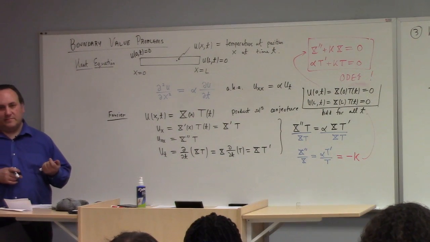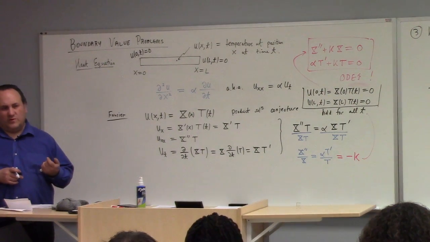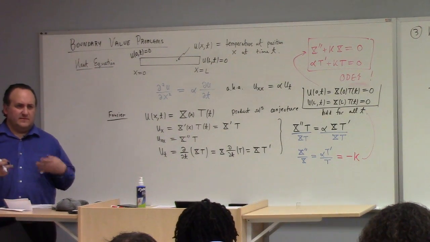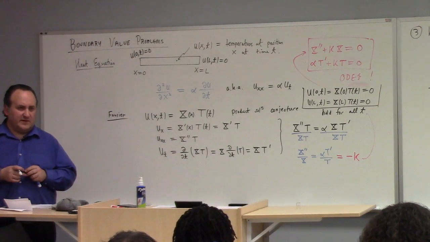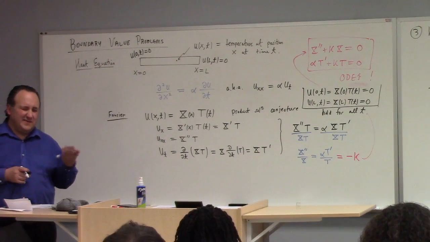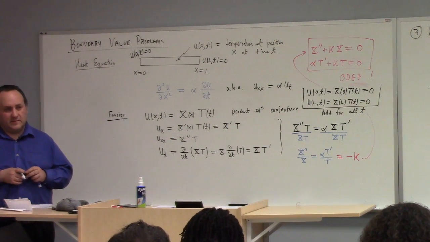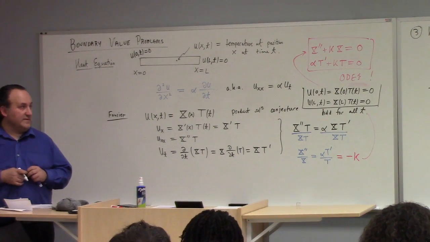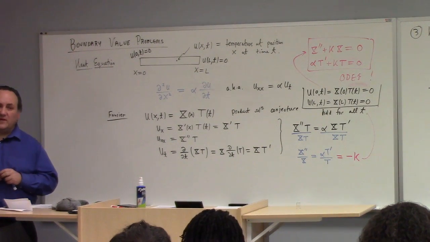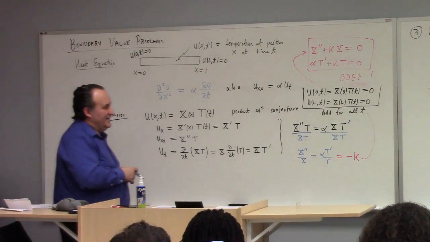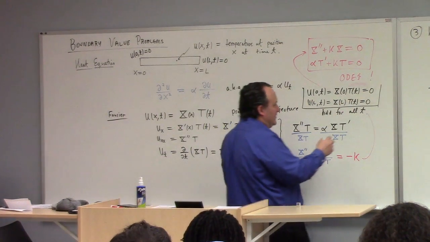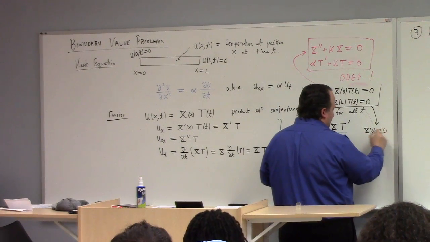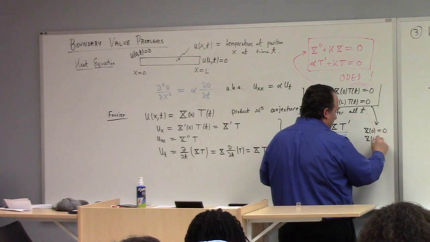If those hold for all time, well, if the time solution is identically 0, then we just have the 0 solution. That's not interesting, right? So it must be that the time solution is non-zero. So the only way the solution could satisfy these boundary conditions is if the spatial part of the solution, the X part, itself satisfies the boundary conditions that we looked at to start with today. So this tells me, in fact, X of 0 is equal to 0, and X of L is equal to 0.